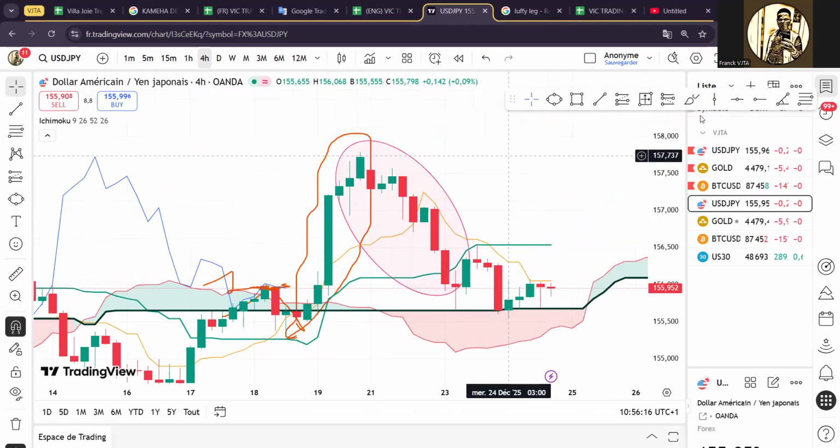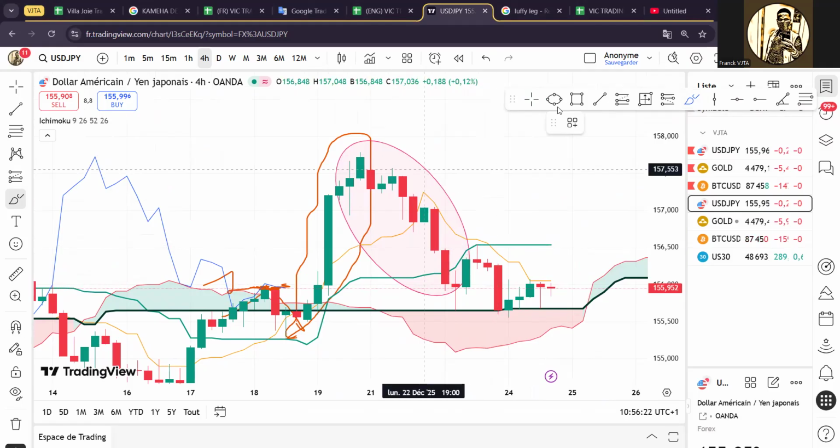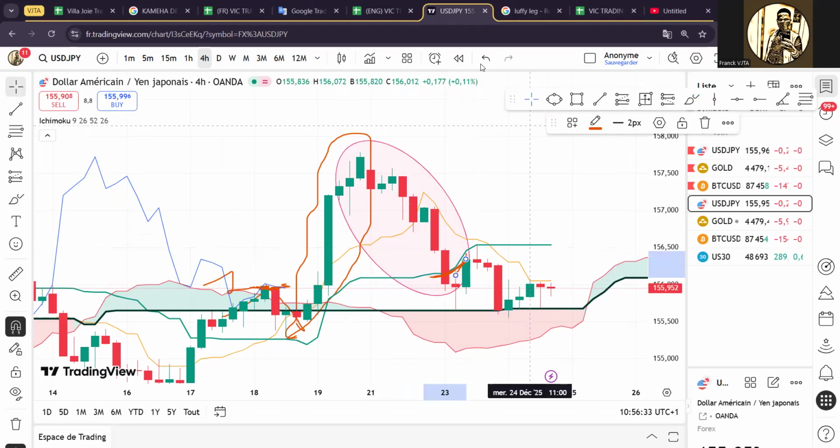So I know that I told you that when you want to draw a correction, rather than looking at the price, you can look directly at Kijun. But the problem is that, right?